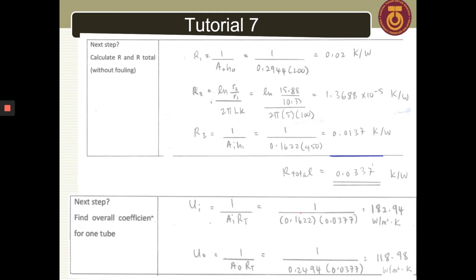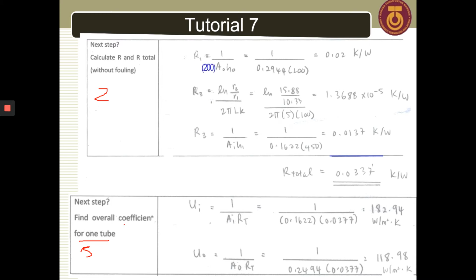Then, this is like step 2, right? And this is step 3. Just now I told you that the resistance and also the overall coefficient you must calculate for only one tube. But let's say you want to consider overall tubes, which is 200.